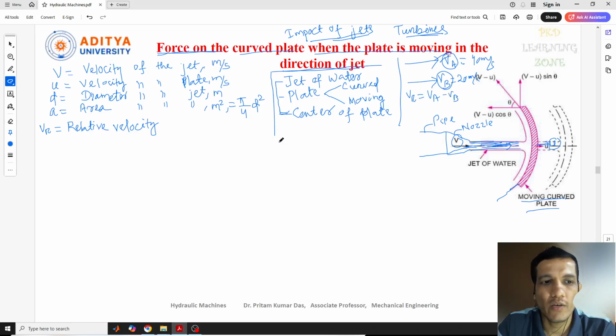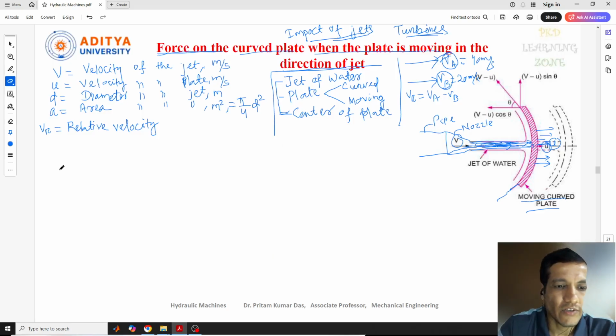So here we consider the impact of the jet. The jet of water is moving, and along with that, the plate also started moving after impact, with a velocity of small u.